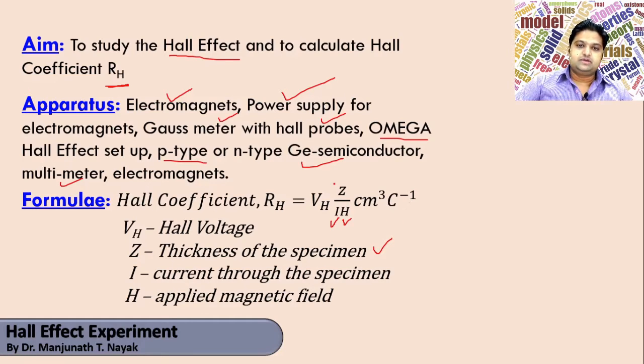Look at this formula. The unit that you will first get is in terms of volts, Z is thickness, so volt centimeter per amp per Gauss. This is the unit that you will get. You will have to convert it to cubic centimeter per coulomb. We will see that it's a very simple conversion.